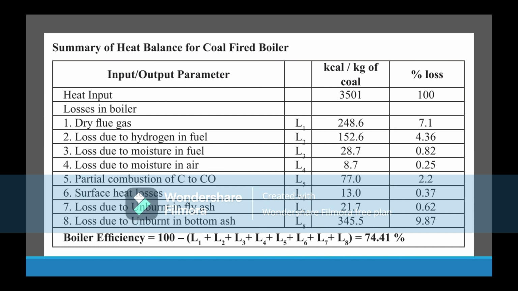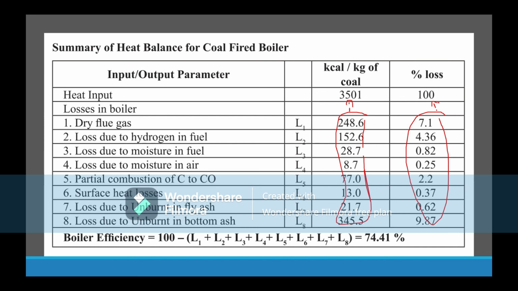Then the boiler efficiency equals 100 minus all losses, which is equal to 74.41%. We can add all these values, which gives that percent. Okay, which is the basic concept of indirect method boiler efficiency calculation.